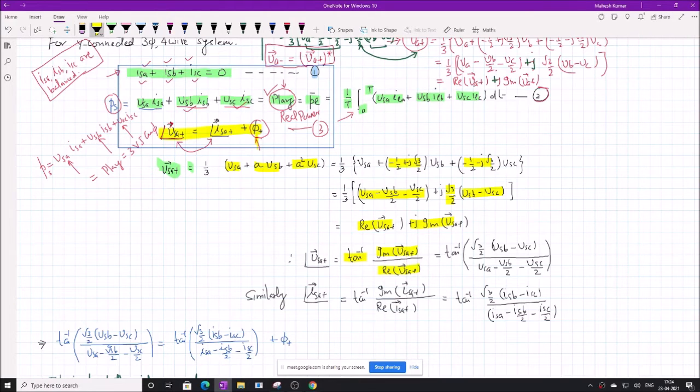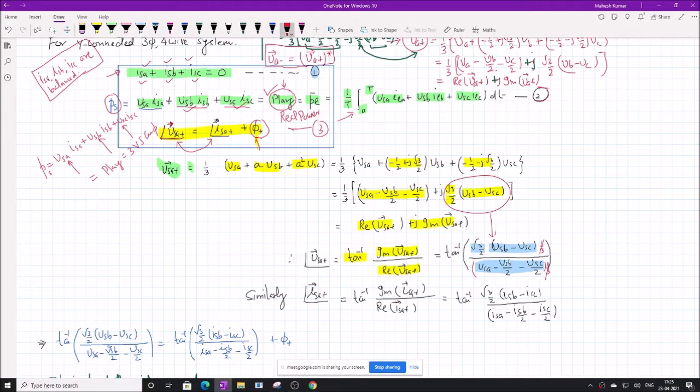The imaginary part is root 3 by 2 into BSB minus BSC, divided by the real part of BSA plus. 1 by 3 is common, so it cancels out on both sides, and you can leave the 1 by 3 factor.